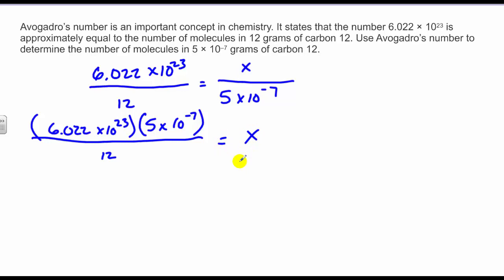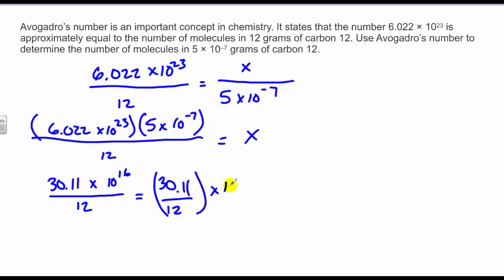So let's go ahead and do this math and get 30.11 times 10. I'm going to add the exponents, the 16th, over 12. Now I'm going to do 30.11 divided by 12.